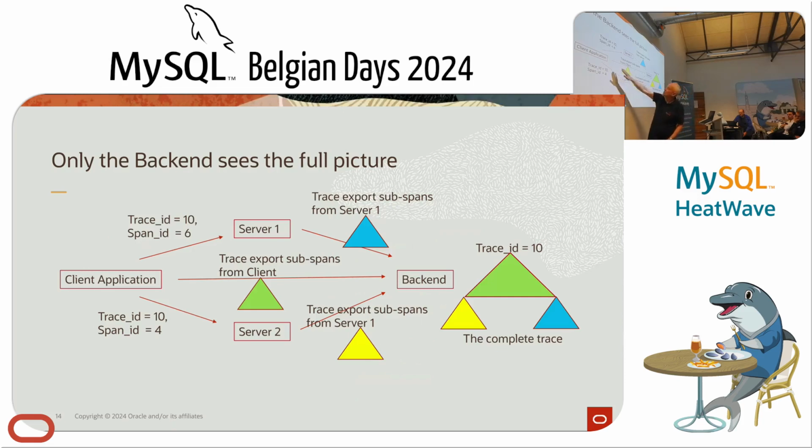So it sends this information, trace ID 10, for example span 6, to server 1, or perhaps it even already sent some client activity to the backend. That's why the green is the root of this thing. And then there are subspans created here, potentially, that report to the backend. Same thing, server 2 reports its activity to the backend, and here the backend will construct the overall tree of activity. This is how it works.